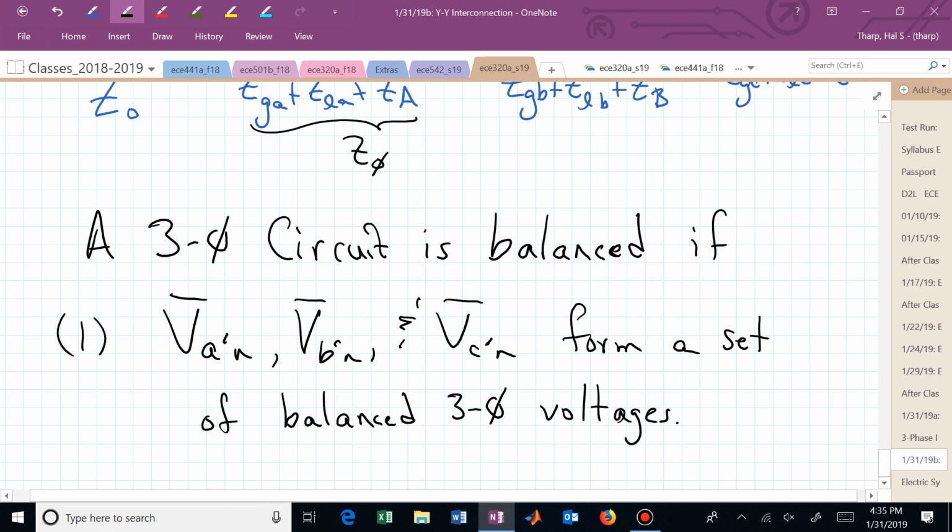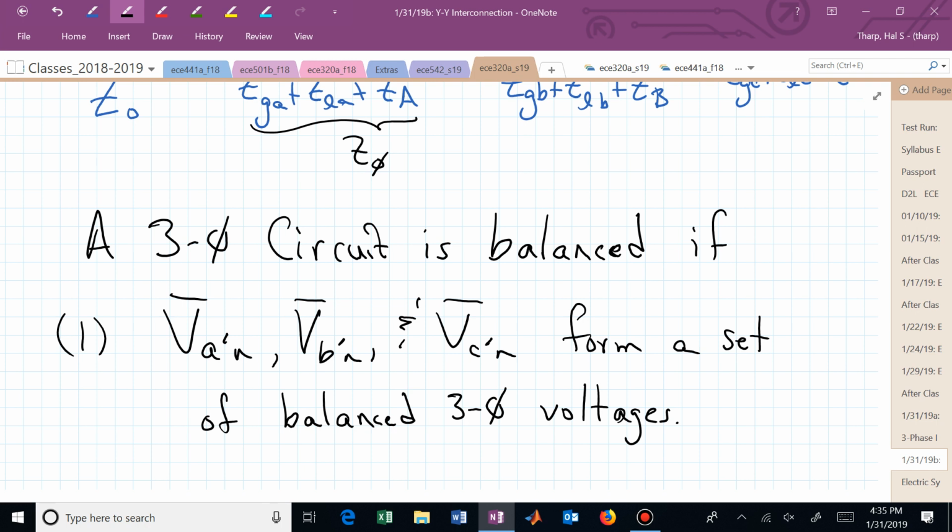What allows those three voltages to form a balanced set? What do you mean by they're all equal? So their magnitudes have to be the same, but their angles have to be separated by 120 degrees, and in the appropriate relationship depending on whether it's a positive phase sequence or a negative phase sequence.